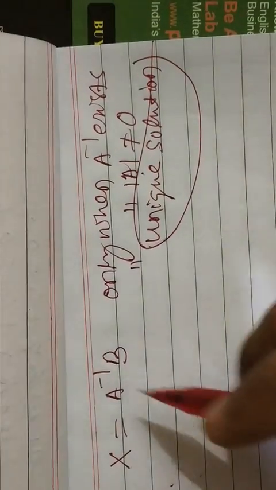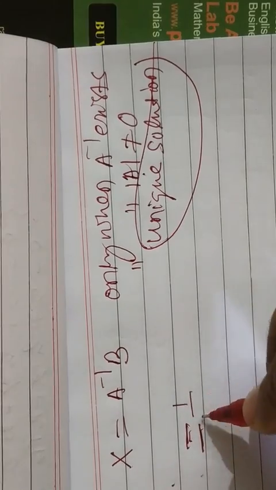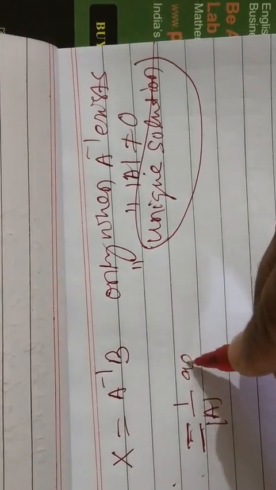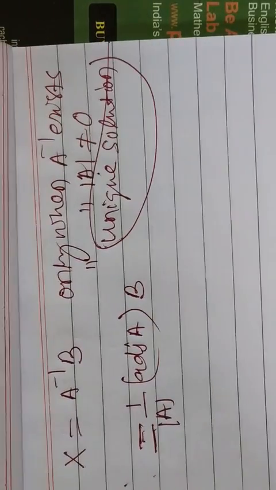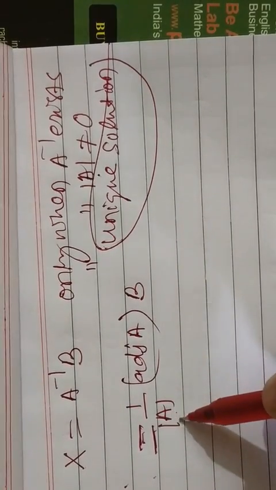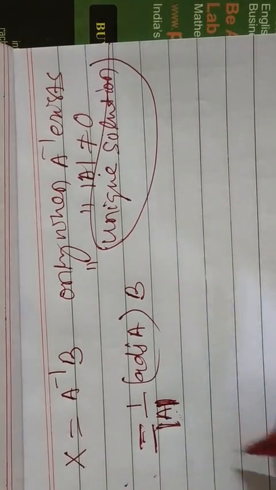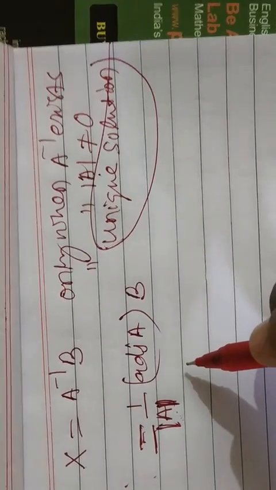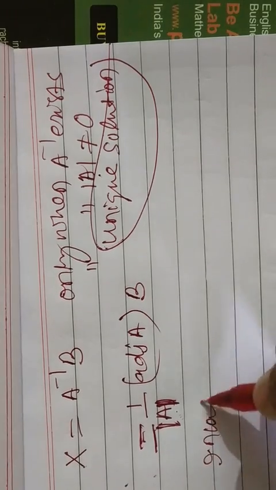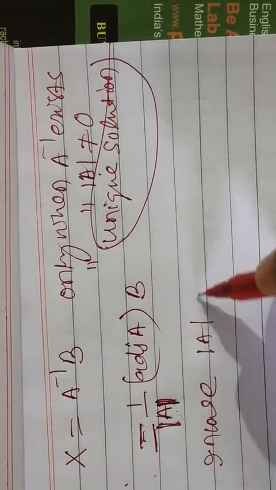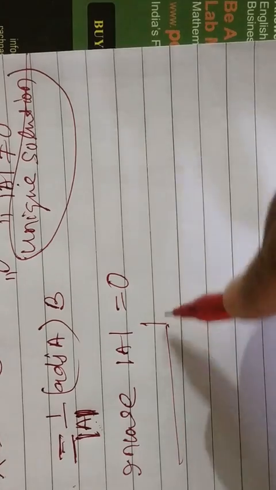Now can I write how I get A inverse? It is 1 by determinant of A into adjoint A, into B. Now you see, in the denominator it is determinant of A, and the numerator is adjoint A into B. So in case the determinant of A is equal to 0, then I get two situations.